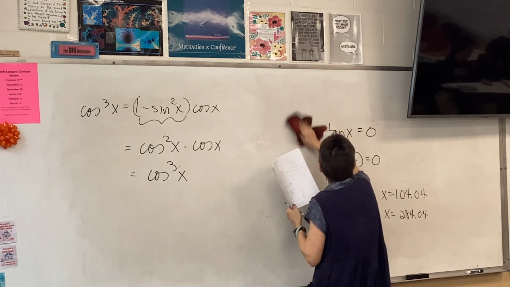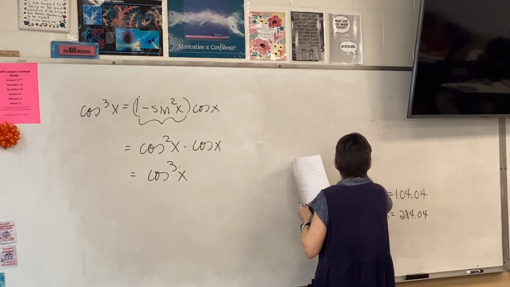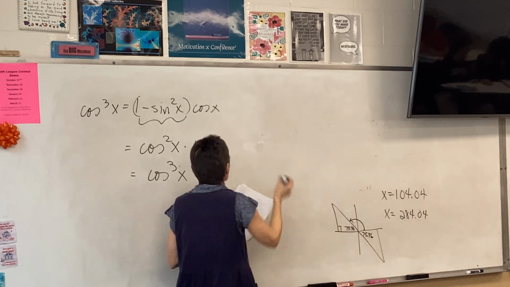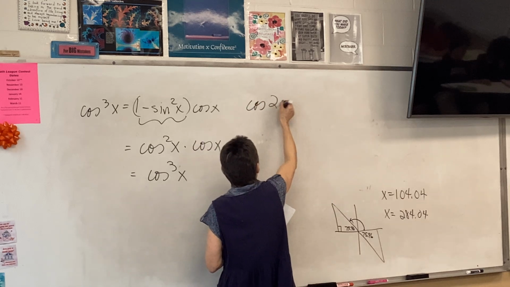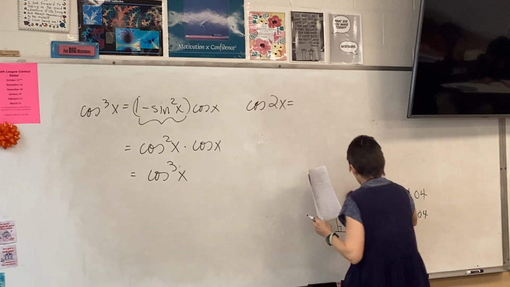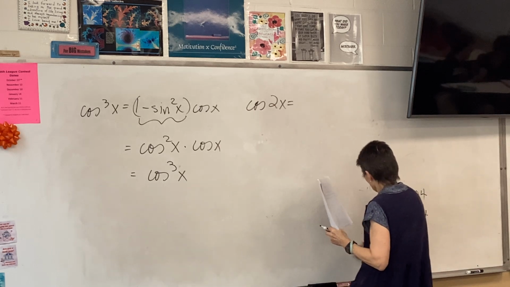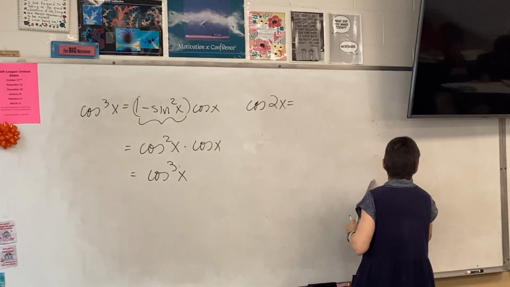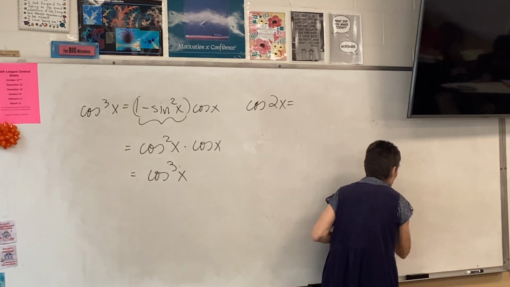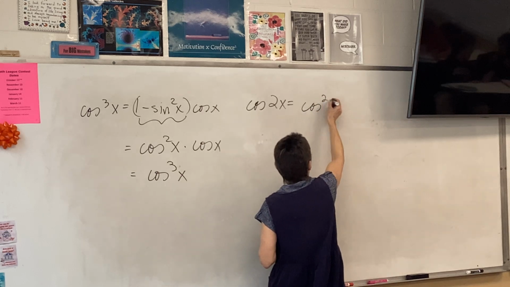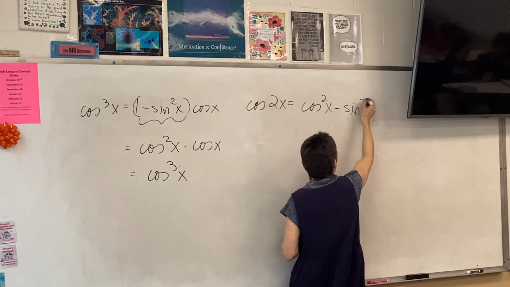C says we need to find the cosine of 2x. Let's stop right there. What is the formula? Cosine squared minus sine squared. This is one of the ones that has more than one option, so I'm going to go with the main one, which is cosine squared minus sine squared.